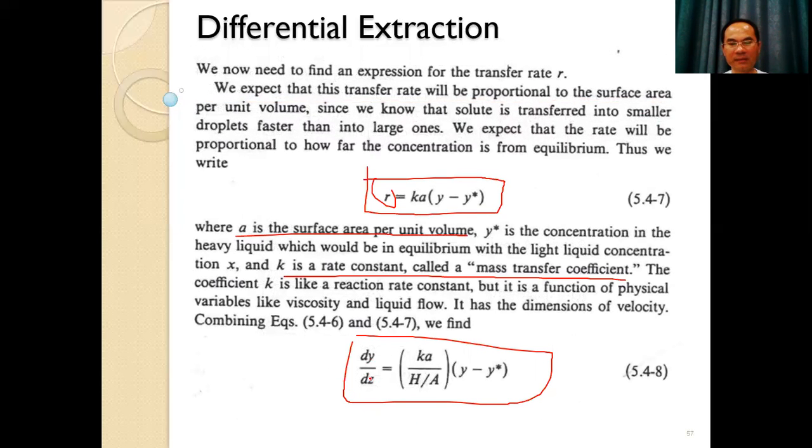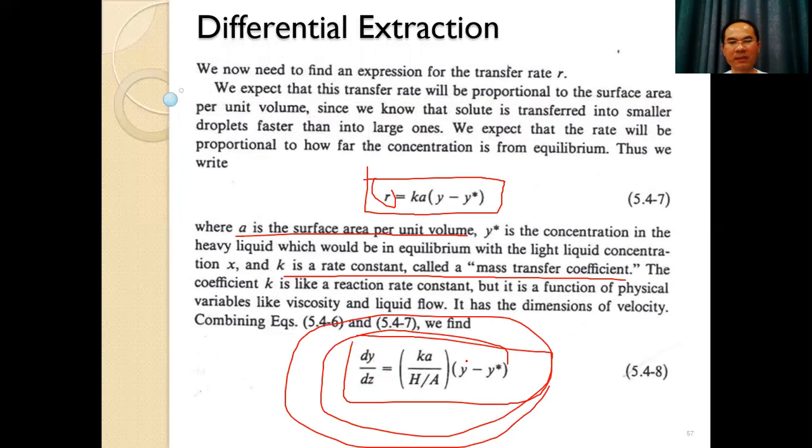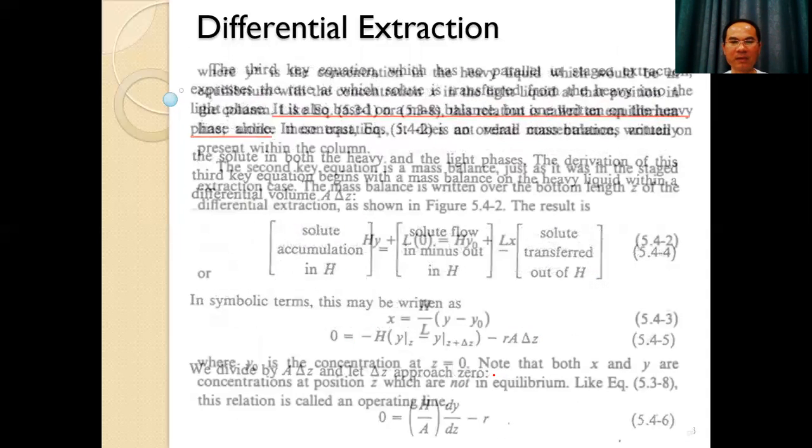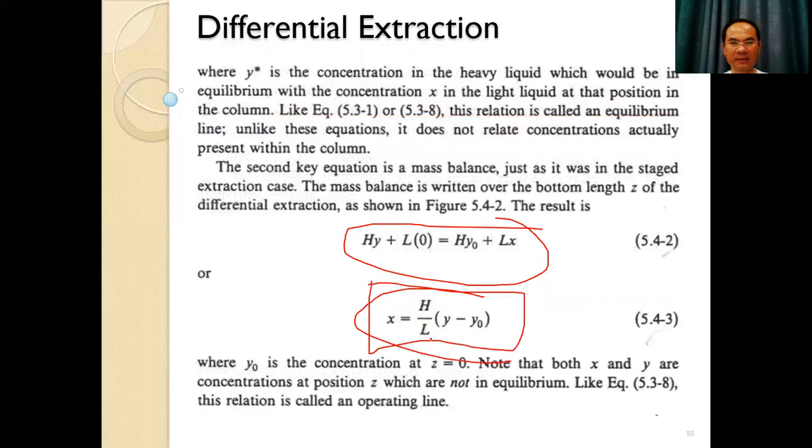That's why we integrate the concentration from y at 0 to y at L. We solve this equation. We substitute y because y is a function of x like this.